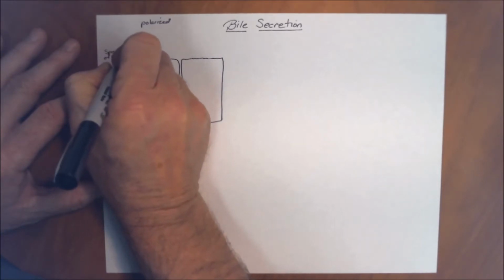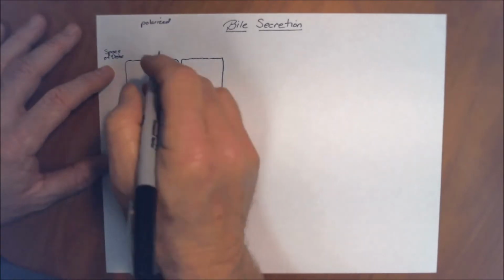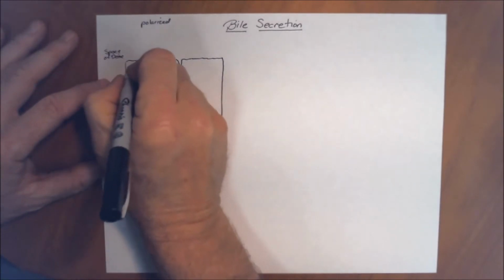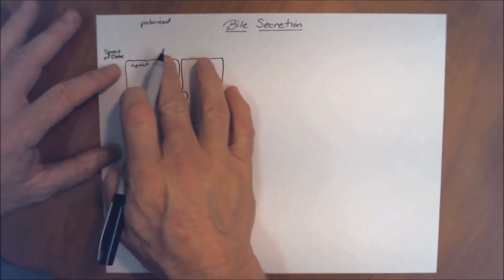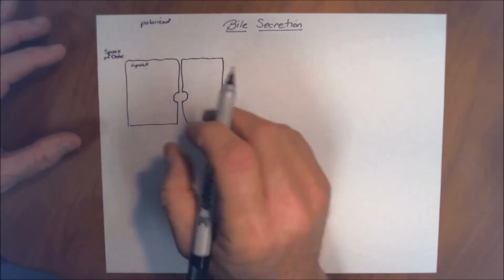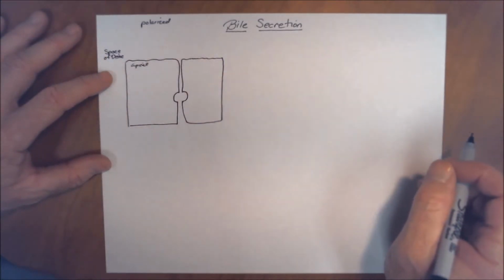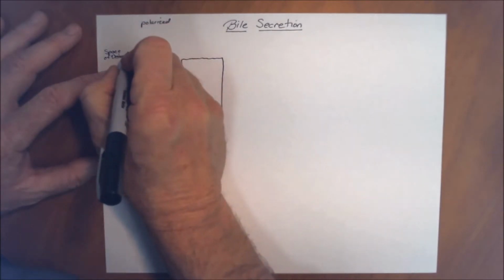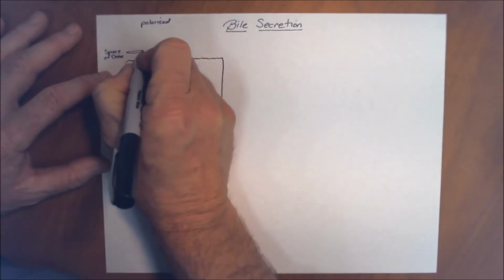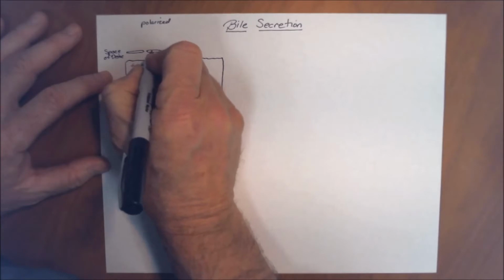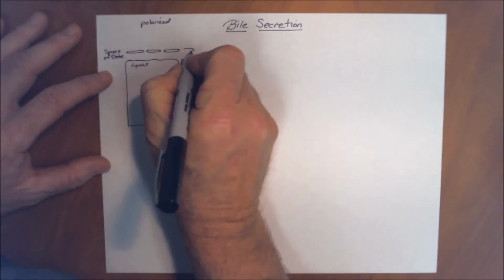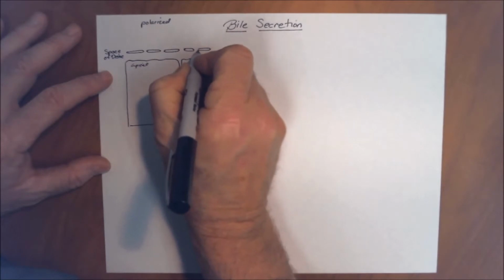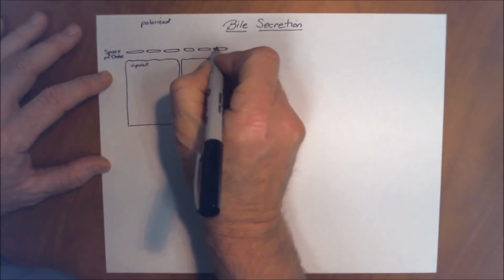The area above this, and we'll look at this in more detail, the area at the apical surface of the hepatocyte is actually comprised in a region that's called the space of Disse.